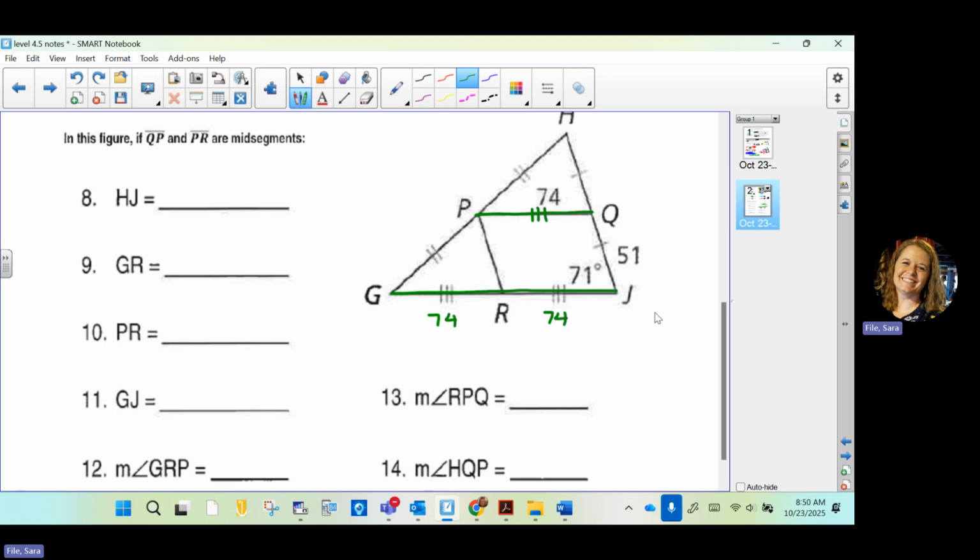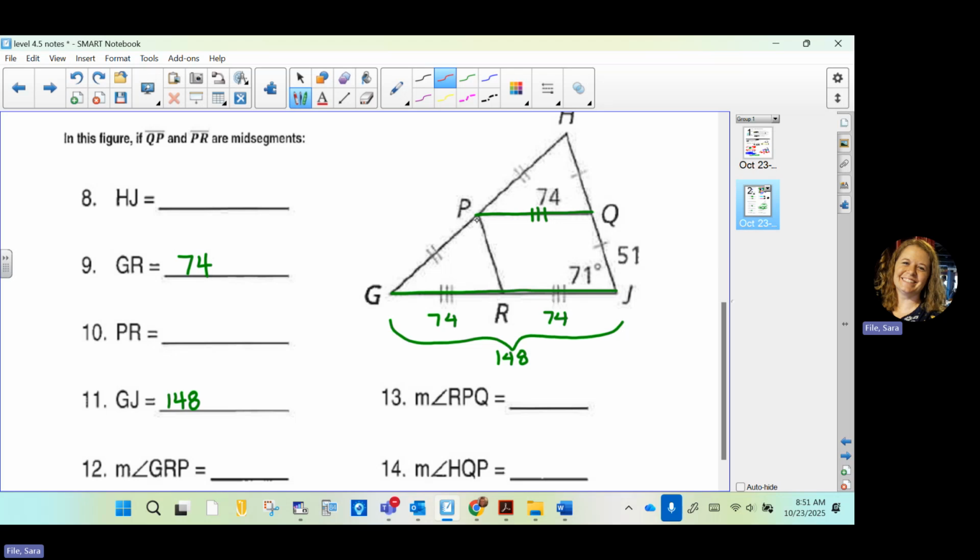There's GR, they asked for that. And RJ, no, they didn't ask for that. They asked for GJ. What's that total length going to be then? What do I do with those 74s? Add them or do 74 times 2, so I get 148. Okay, so that's a good start.